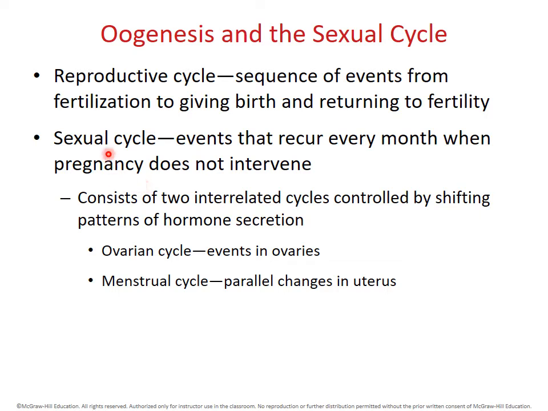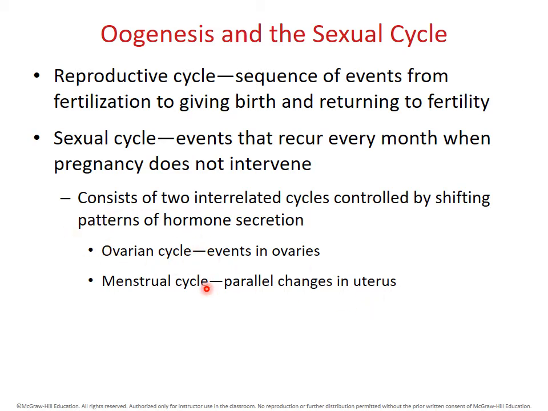Now, this sexual cycle can be broken up into two related cycles, depending on what you're choosing to focus on. If you're focusing on what's happening in the ovaries during this 28-day sexual cycle, then your authors like to call that the ovarian cycle.